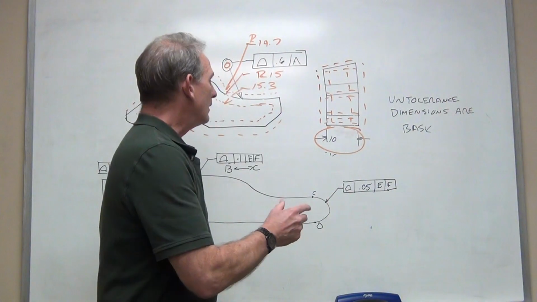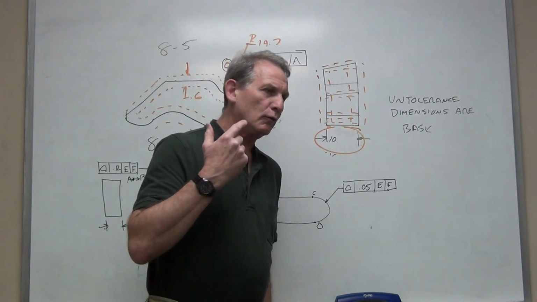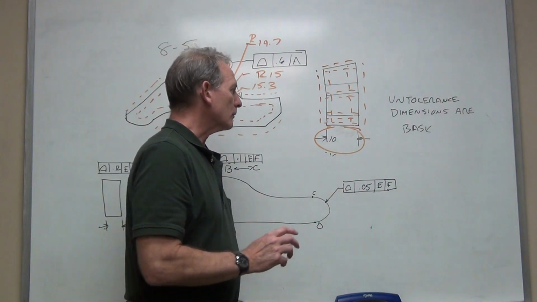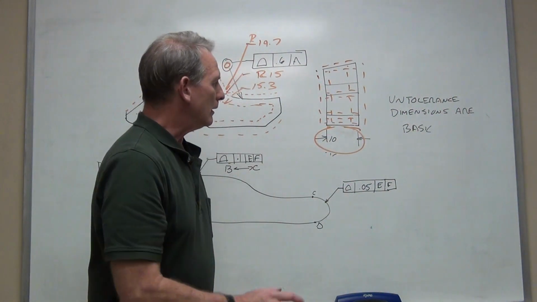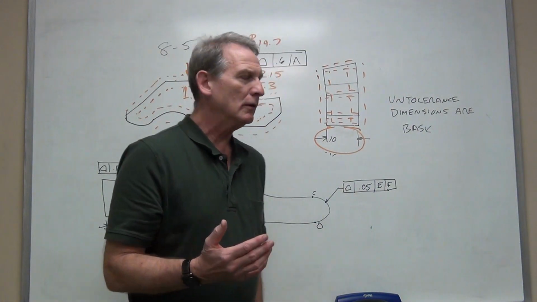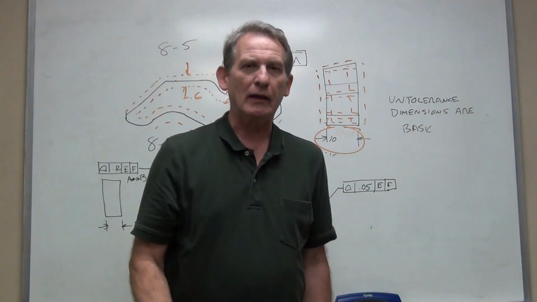So in the case of the all over, instead of the all around tolerance zone, the thickness of this block is now not controlled by a specific tolerance, but it is controlled within the confines of that tolerance zone.